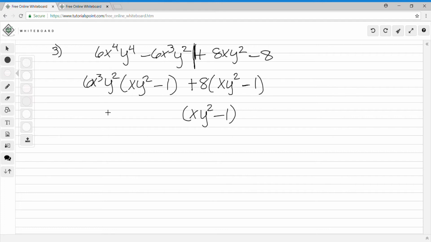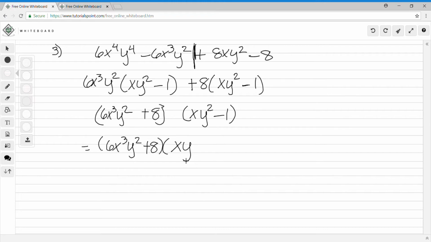So just combine it. 6x cubed y squared plus 8. Let me bring it closer. So you have a 6x cubed y squared plus 8. So that's your final answer.